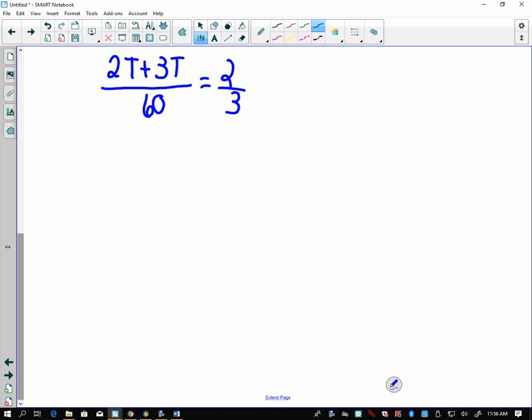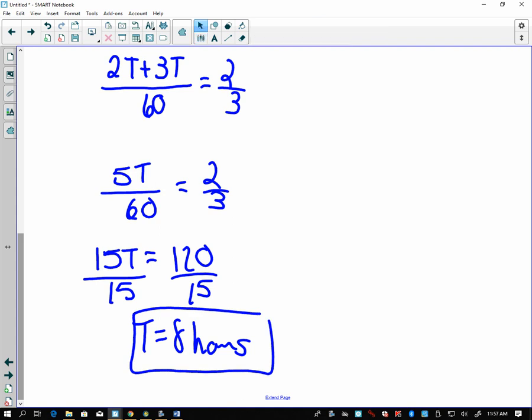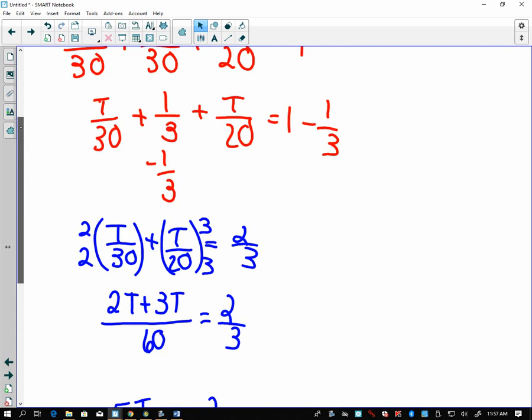That gives me 5t over 60 equals 2/3. You can cross multiply and divide here. We would call that 15t equals 120 divided by 15. Let's see. We should get, with 120 divided by 15, hopefully, t does equal 8 hours. All right. That was, I believe, number 11.